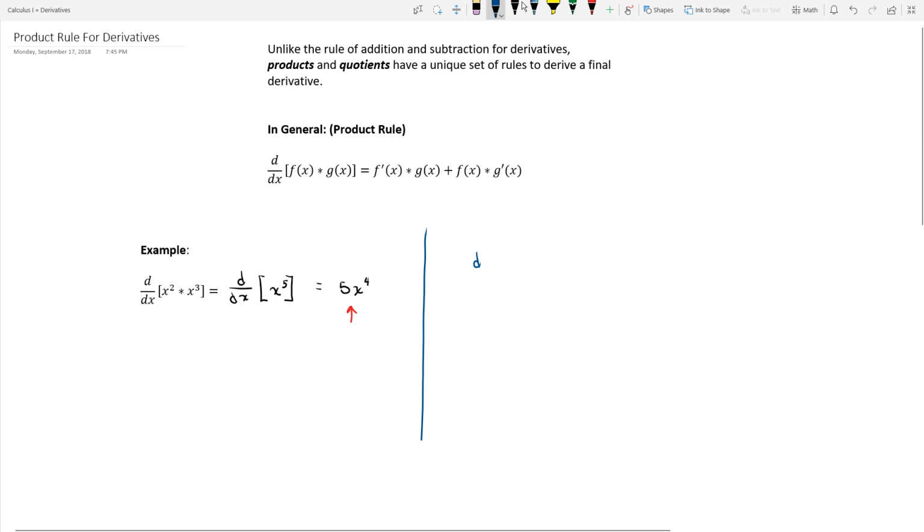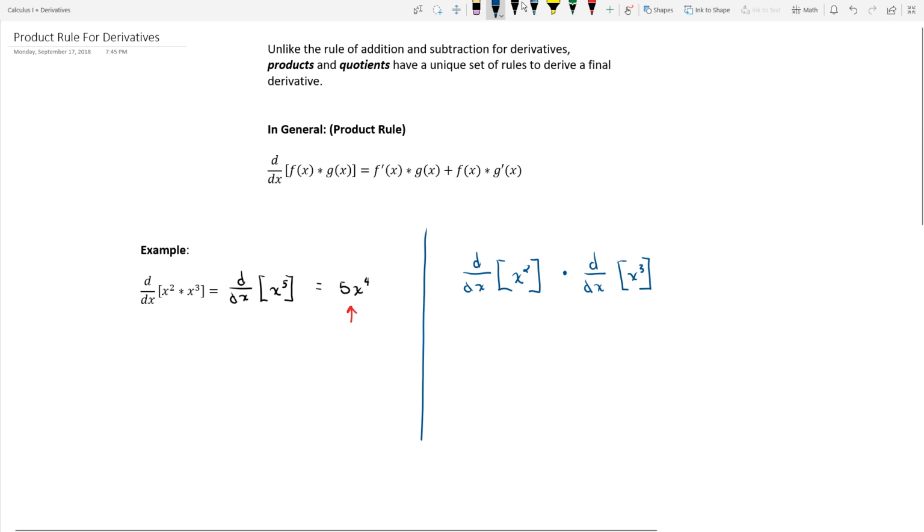So if we have the derivative d of x, let's see here, x squared, and we multiply that by the derivative, d with respect to x of x to the third, you might already see it, but we're going to end up with something quite different.